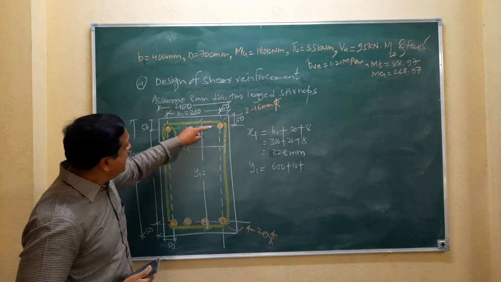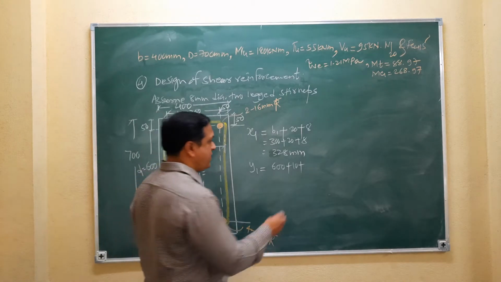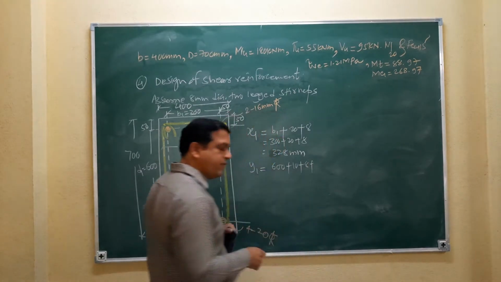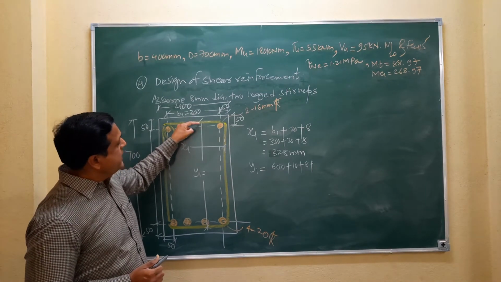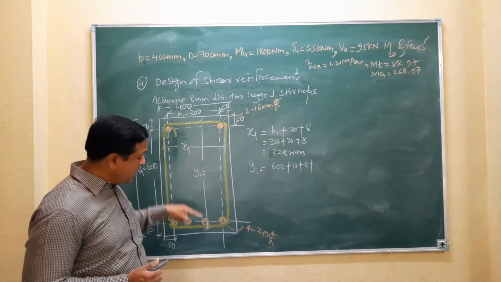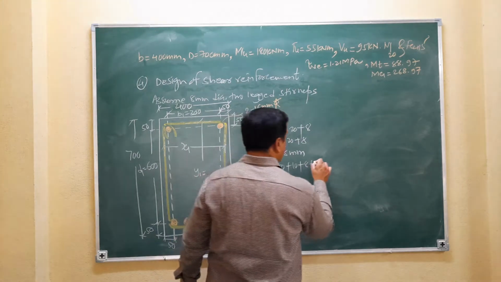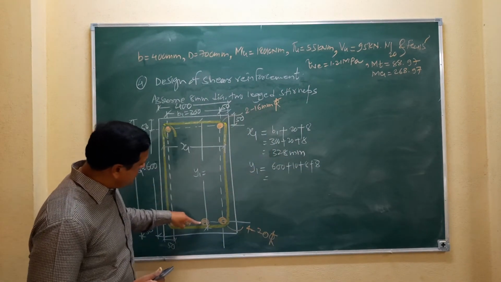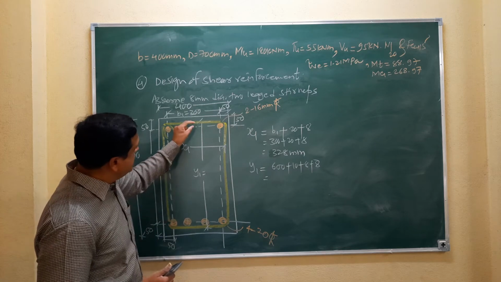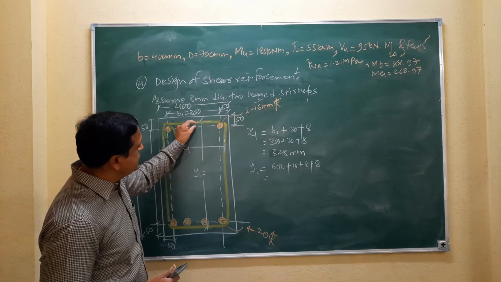Okay, half of this 16 is 8. Okay, clear? And half of this 8 is 4. That means you have to add 8. Is it clear? Okay, this is 600. Then plus half of this 16 is 8.